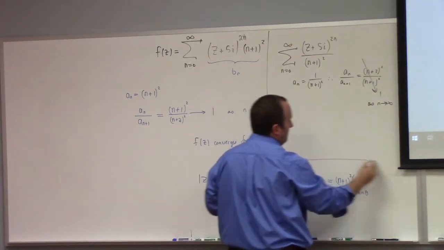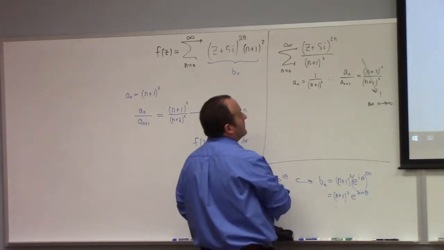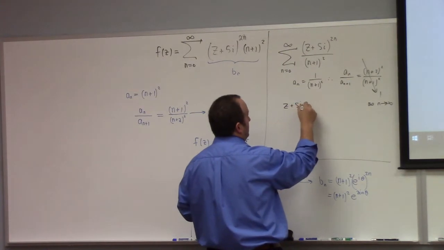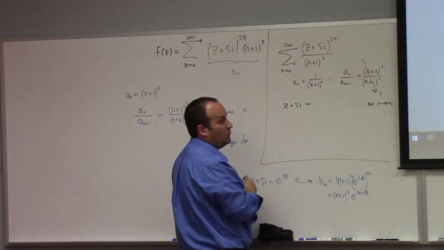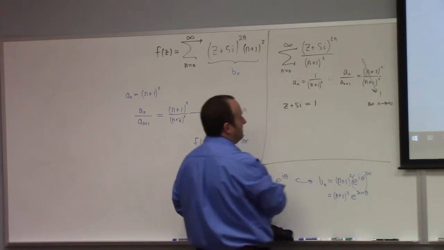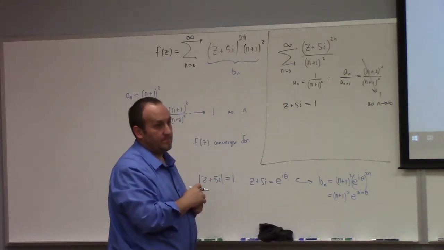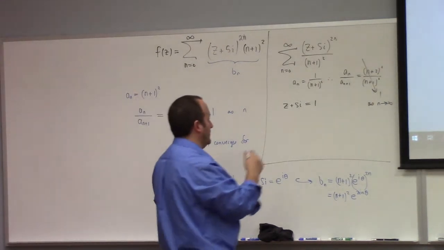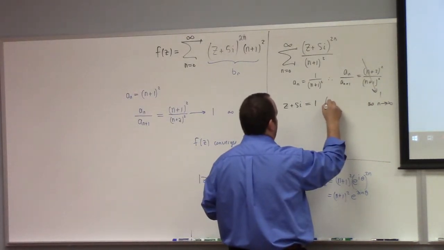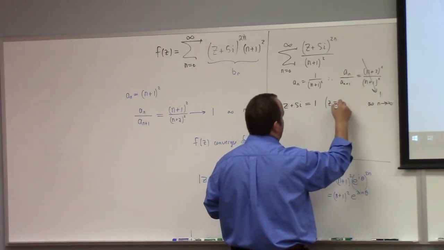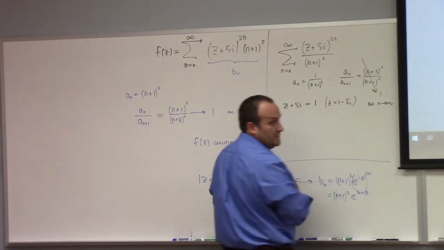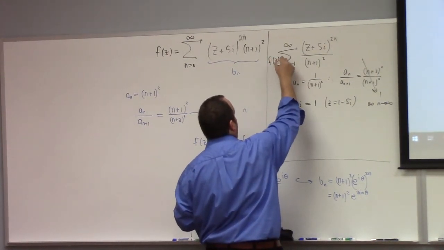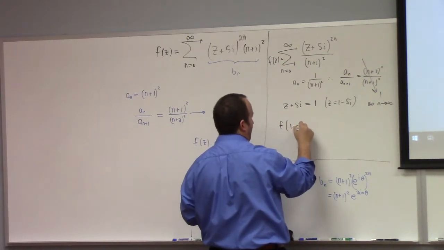Well, if we have, for example, z plus 5i equal to 1, that would be on the edge, right? In other words, I'm saying particularly the point z equal to 1 minus 5i. You plug that in, and we look at f of 1 minus 5i.